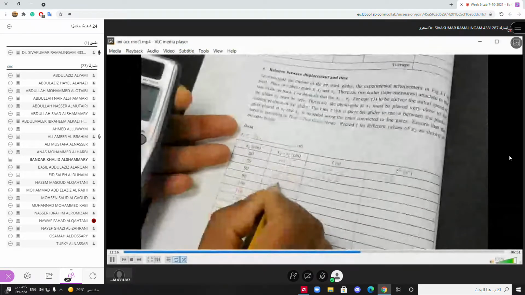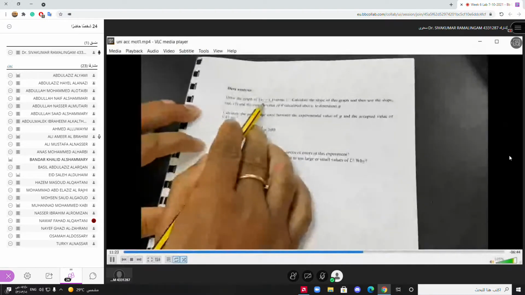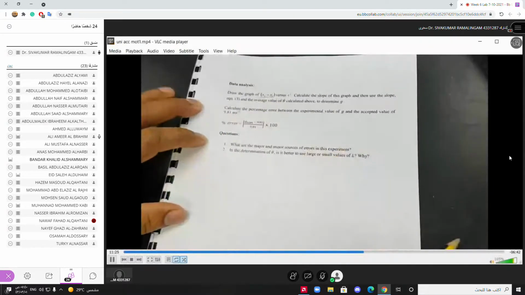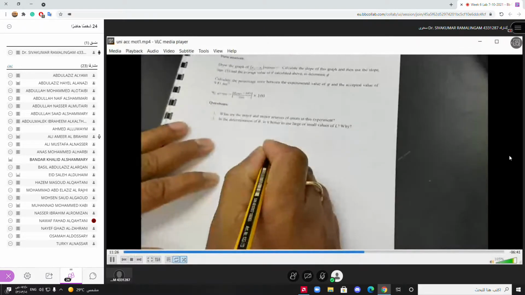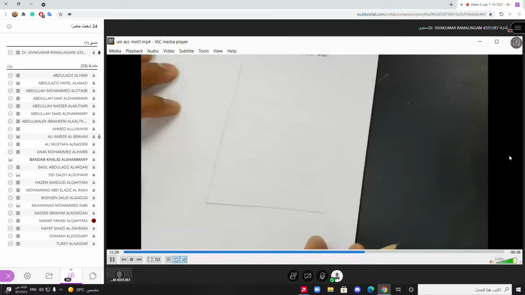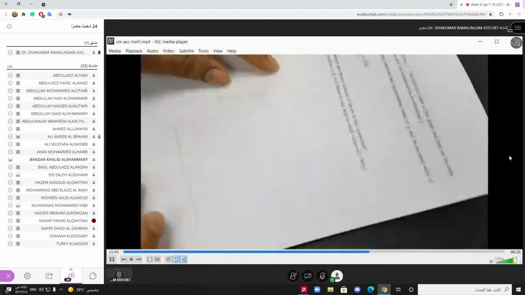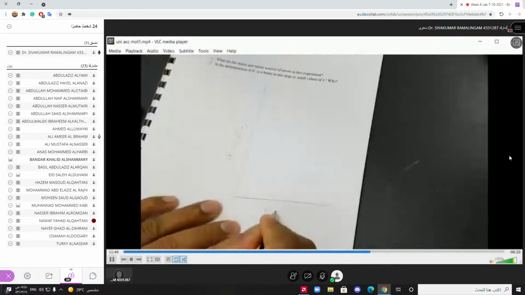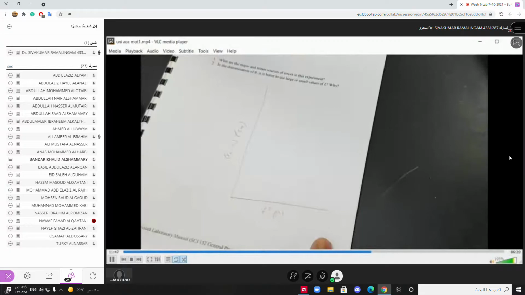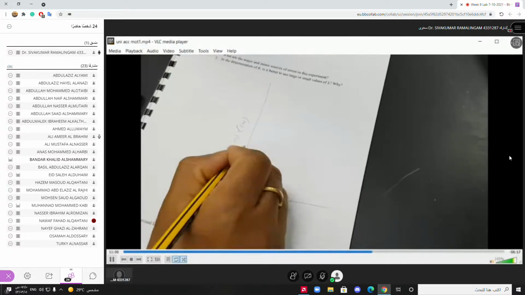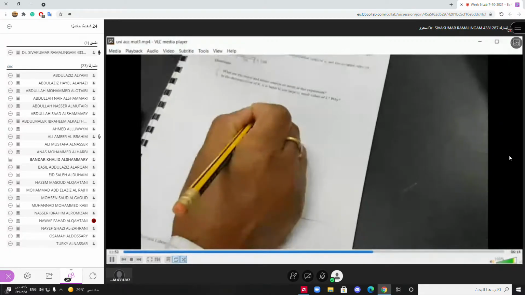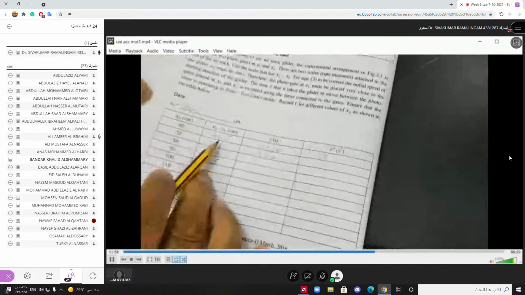I'm going to draw the graph between x2 minus x1 versus t square. x2 minus x1, centimeter is the unit. Here t square, second square is the unit. Then I'm going to start. What is the starting point for this? It is 45.5. The gap is 10, 10, 10, 10, 10.